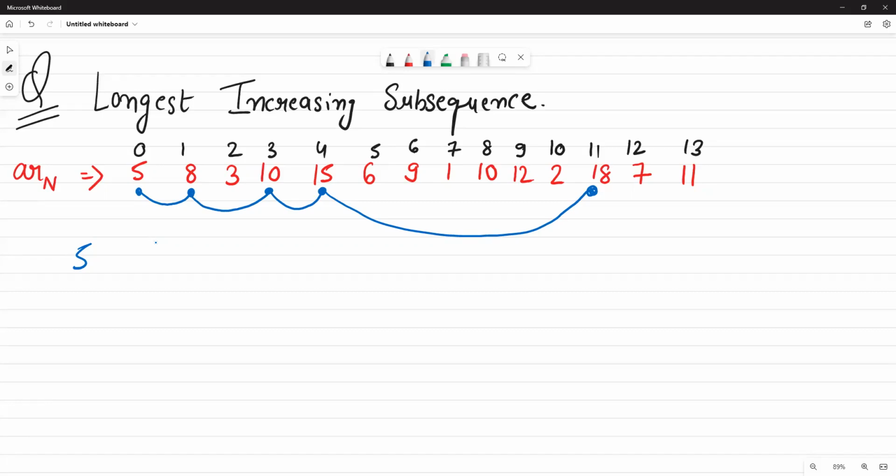Clear? Okay. So think of it a little bit. Can you tell me what will be the longest increasing subsequence in this specific question?